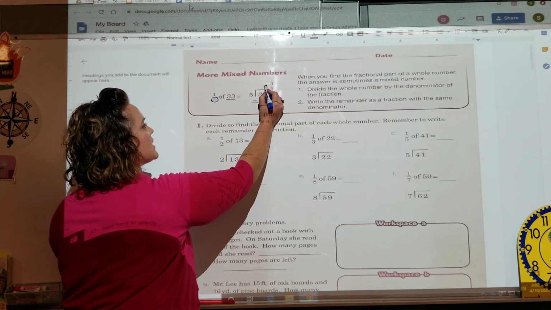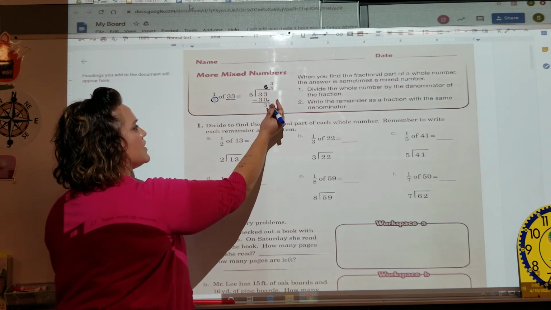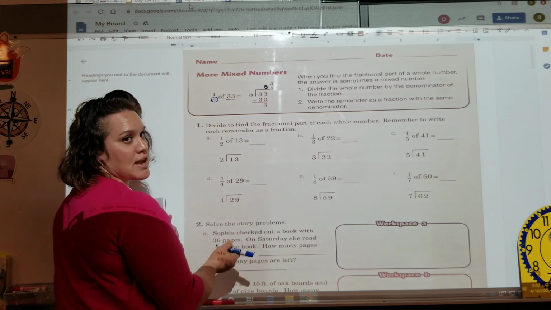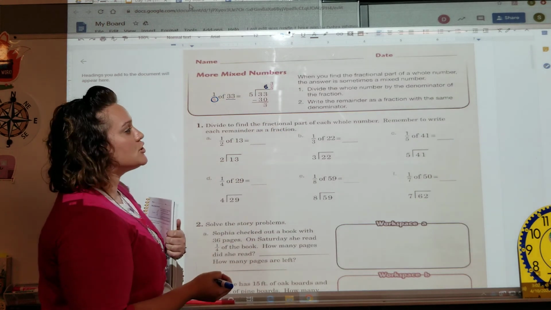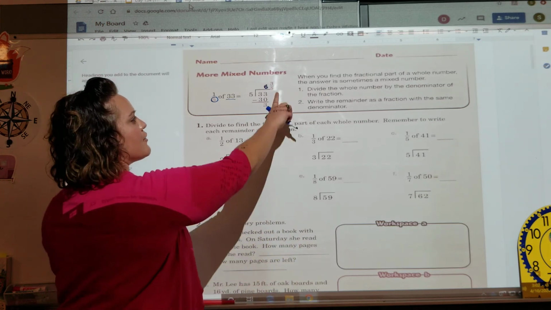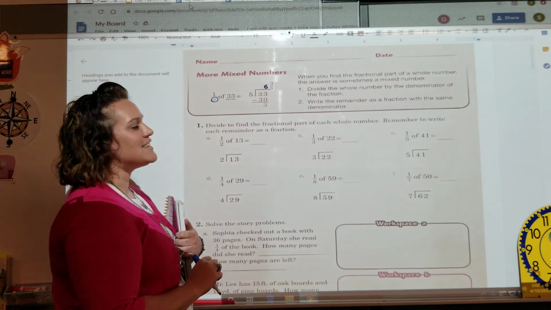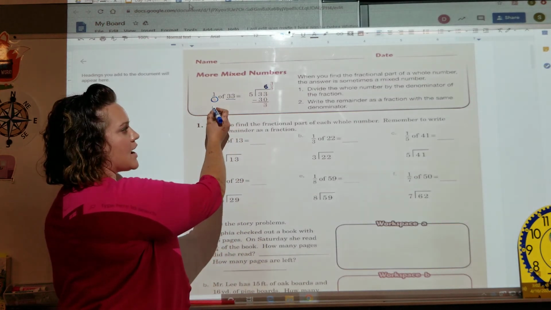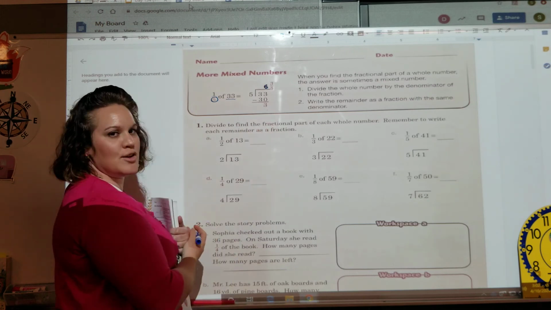It goes in 6 times. 6 times 5 equals 30. 33 minus 30 equals 3. This is where we get to step number 2. Step number 2 says write the remainder as a fraction with the same denominator. This is where we're getting the denominator. This is where we're getting the numerator.